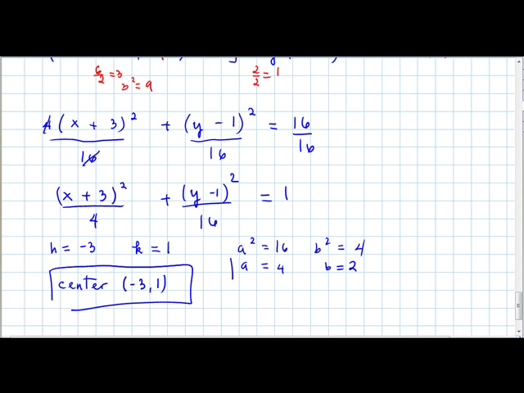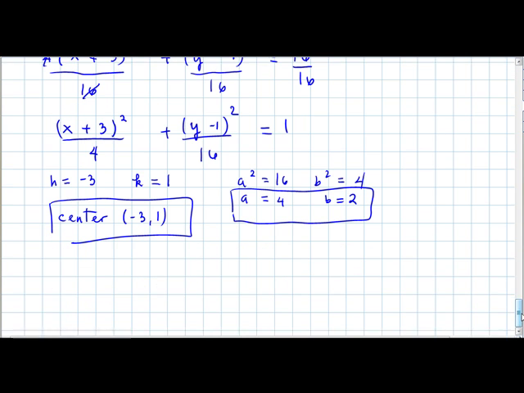Now I'm going to go ahead and find c, because c tells me where my focus is. So I have to find c first and then the graph. I know that I found the center, and I can find the vertex later on, but I'm not worried about it.